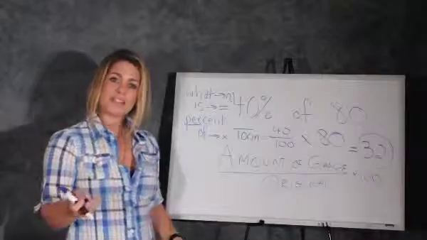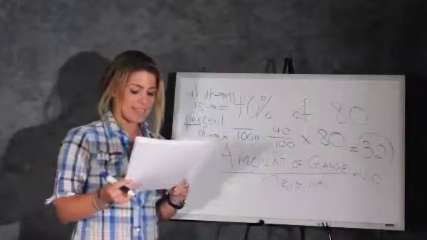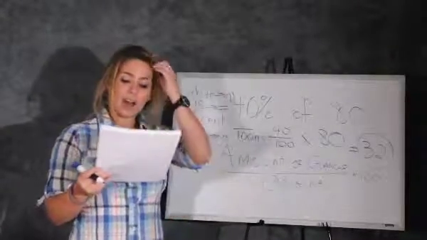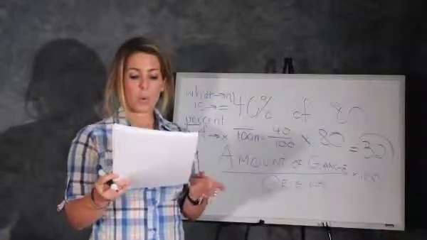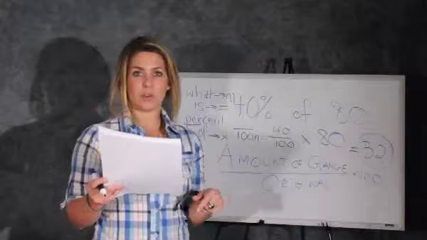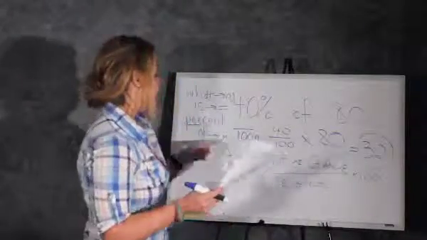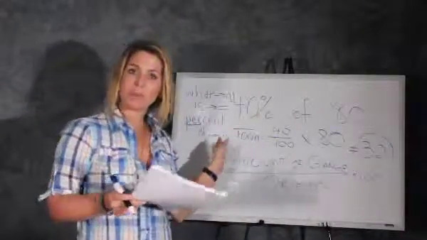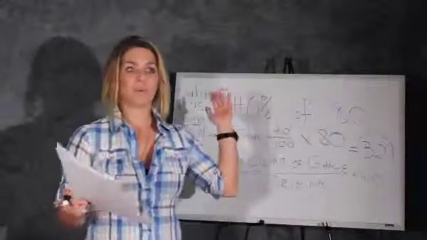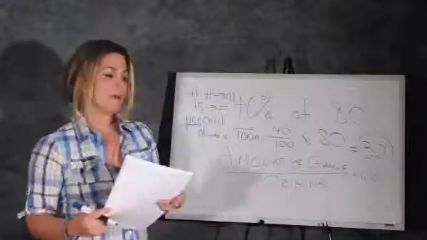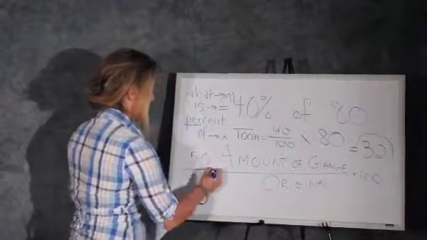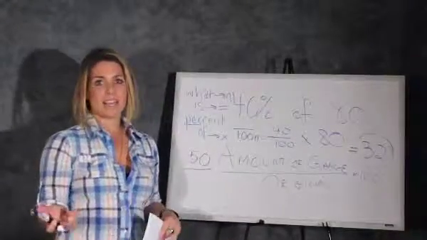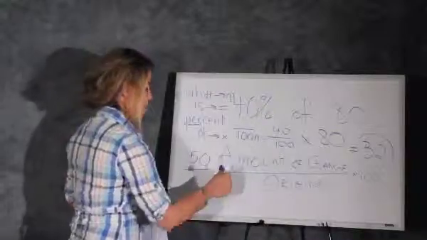If we look at that example that's in your packet, it says, if Jenny weighed 150 pounds last year and 100 pounds this year, what is her percent decrease in weight? Her amount of change went from 150 to 100. So 150 minus 100, that's 50 pounds. That is our amount of change. Her original weight is 150, so that goes on the bottom.